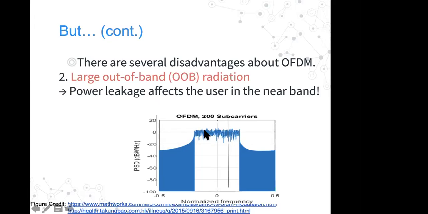If you plot the power spectral density equation for OFDM with 200 subcarriers, it starts from 0, and as the frequency increases it goes down to a minimum of about minus 20 dB on the other side. So a large amount of power is deviated into the other bands. This is one of the disadvantages in OFDM.